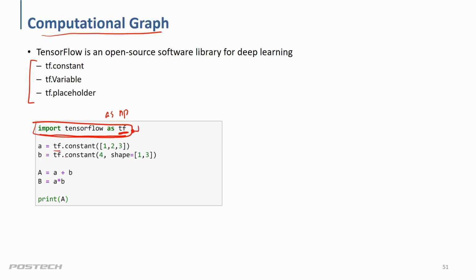In TF we have tf.constant, tf.Variable, and tf.placeholder. These are different types in TensorFlow, so make sure you understand each of them and know the difference.